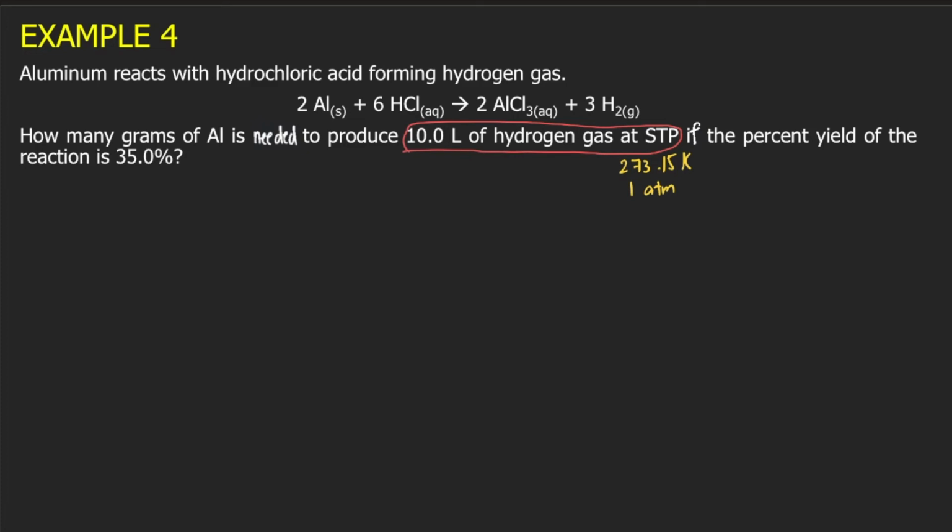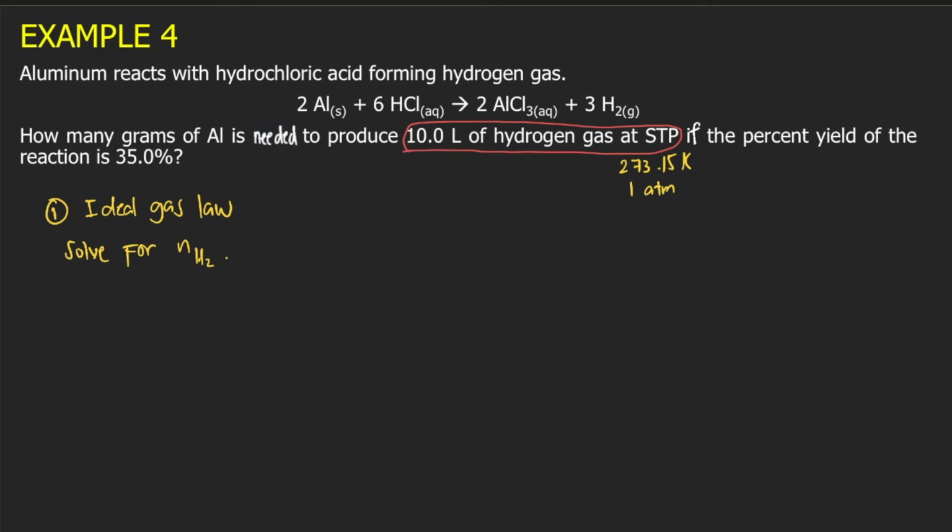Since we are given volume and temperature and pressure, the first part of the solution is actually to use the ideal gas law. Okay, so we will solve for the moles of hydrogen gas.